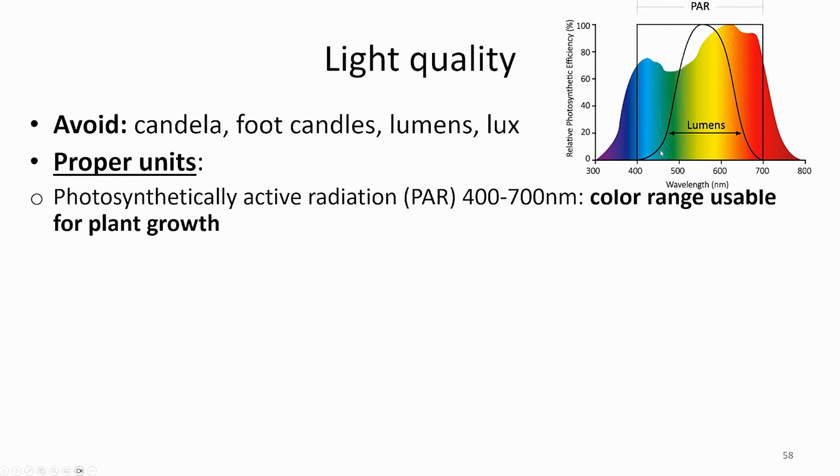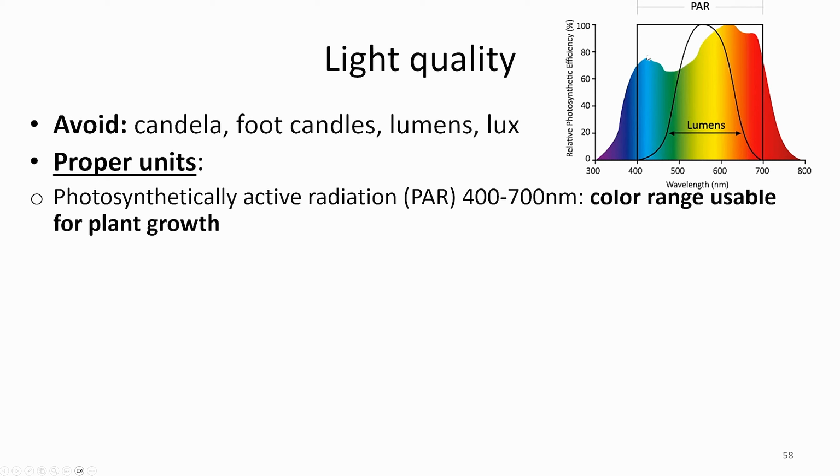And in this case, we have lumens here. And notice that if you buy a lamp for lumens, this is what they're trying to reach, right? These are the wavelengths that lamp is going to try to output. But if a light is developed for plant growth, it's going to give you the PAR.